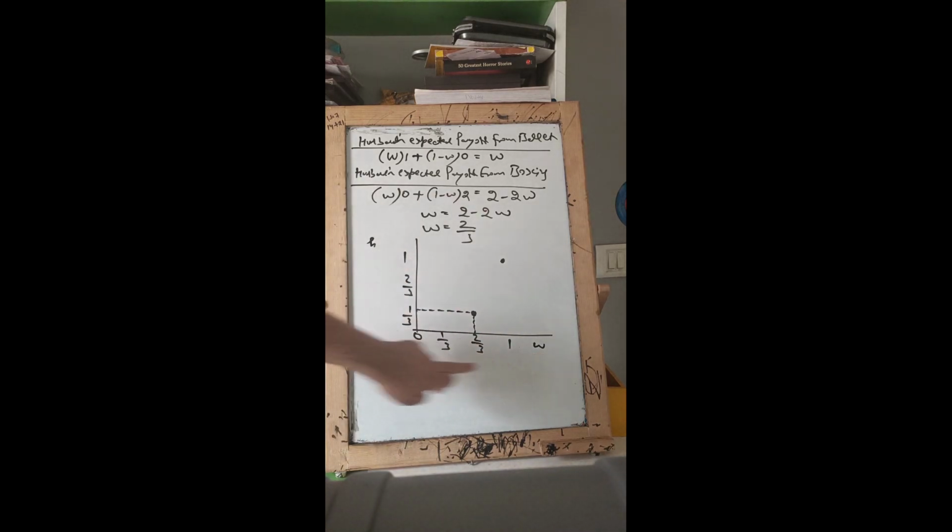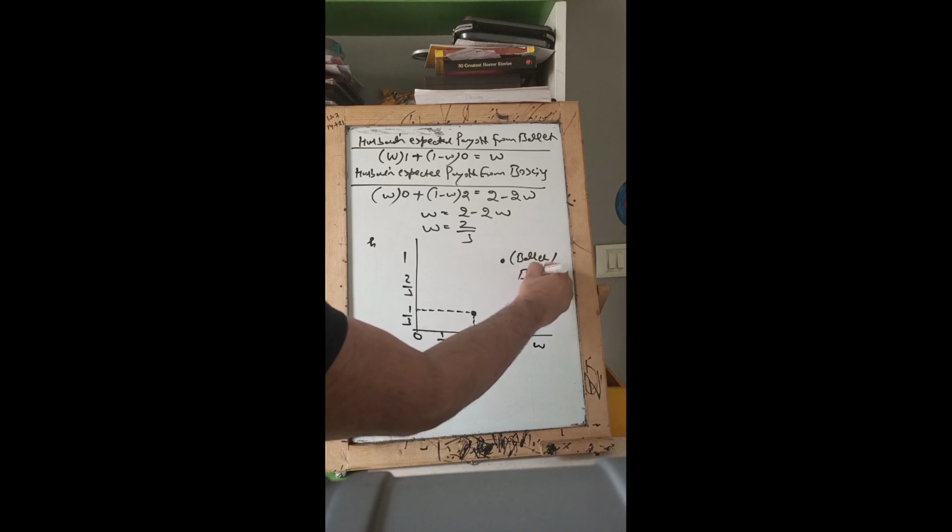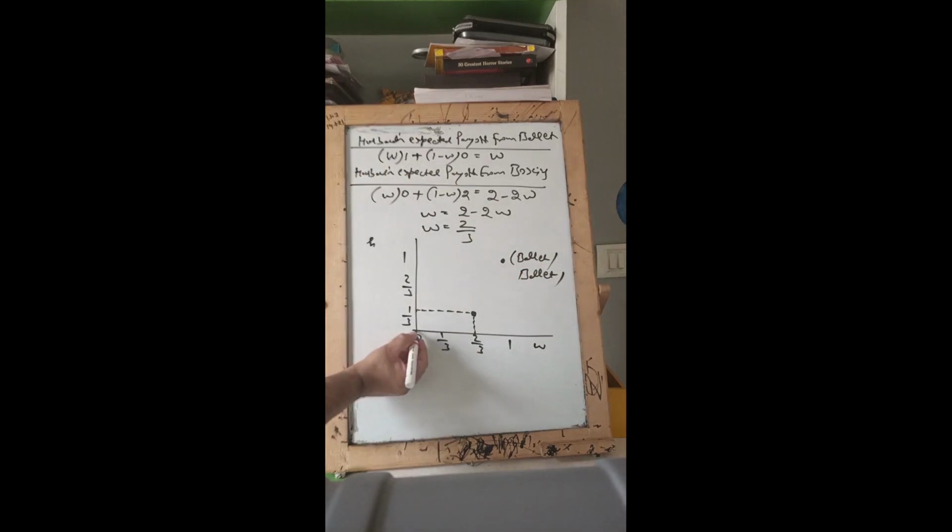1 is what? The wife's probability of going to ballet is 1. That is 100%. H, the husband's probability of going to ballet, is 1. That is 100%. So that tells us that both wife and husband are going for ballet. So this Nash equilibrium shall be ballet, which we actually did in the pure strategies as well. What about 0, 0?